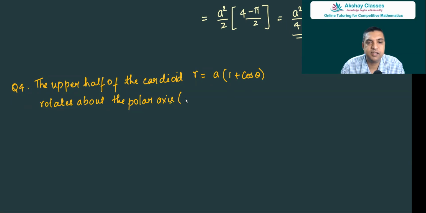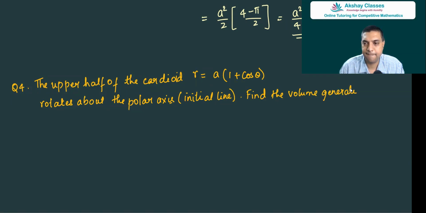What is the polar axis? This is the initial line. Find the volume generated.